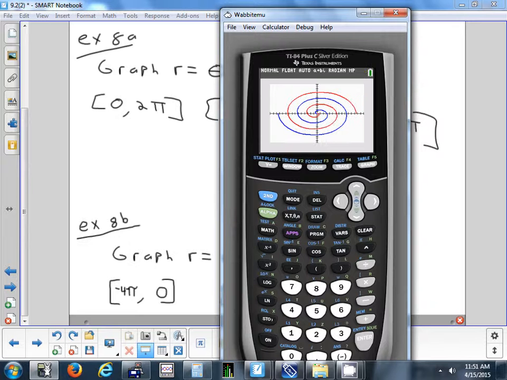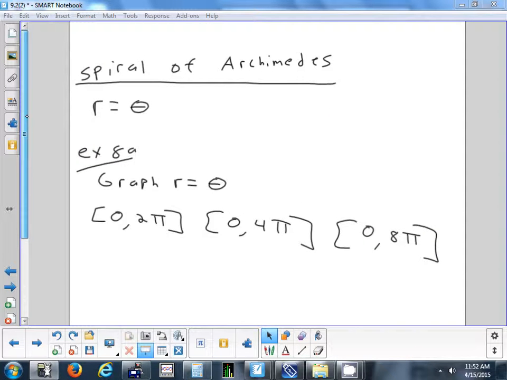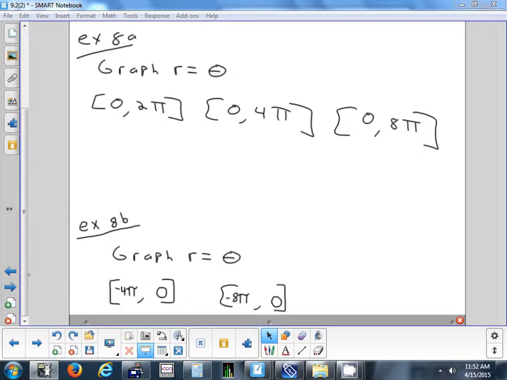So instead of spiraling from the center out, this one's spiraling in towards the center. Okay, and I can get rid of negative theta if that's confusing people. There's your graph, spiraling in towards the center. So again, that's called the spiral of Archimedes. Okay, any questions on that?